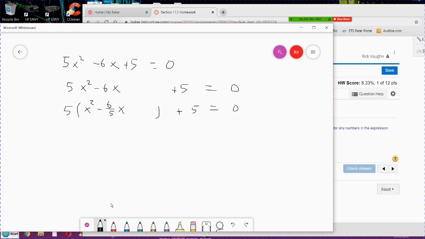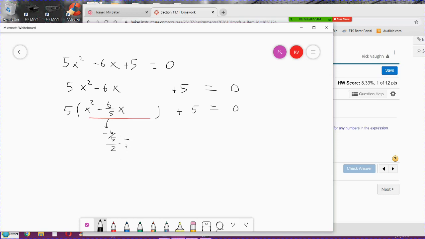Now I'm going to look at just this perfect square trinomial part, and I'm going to do the same thing that I did before. That is, I'm going to take this middle number, the minus 6/5, that's b, and I'm going to divide by 2. So that's times 1/2, if you will. And so I'm going to get minus 6 over 10, which is minus 3 over 5.